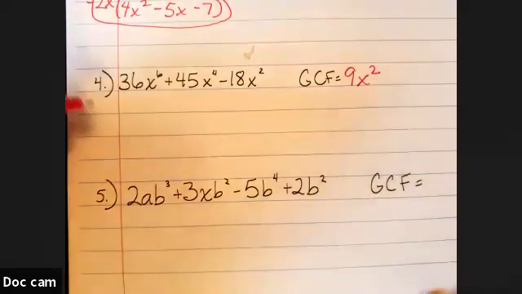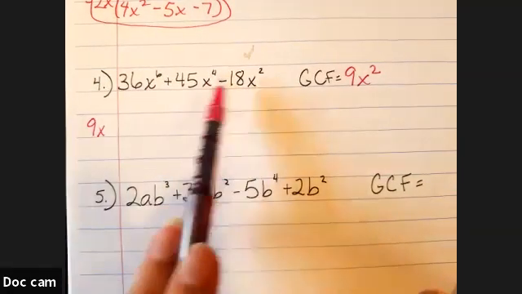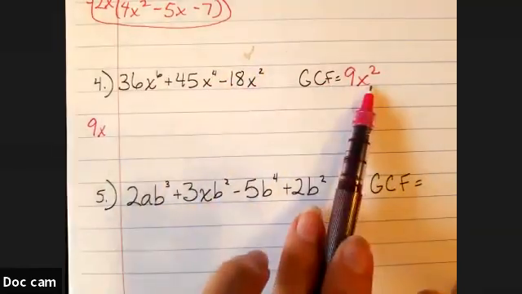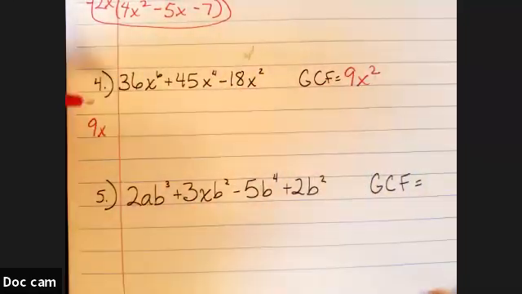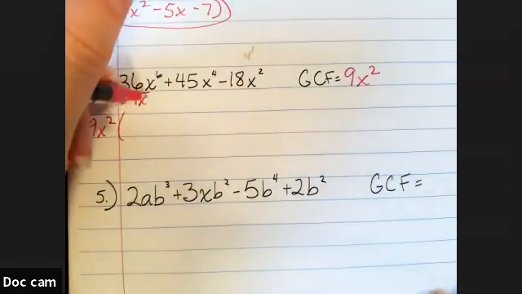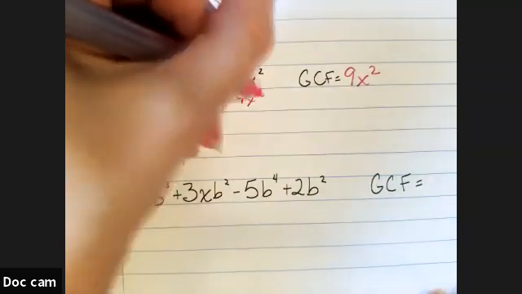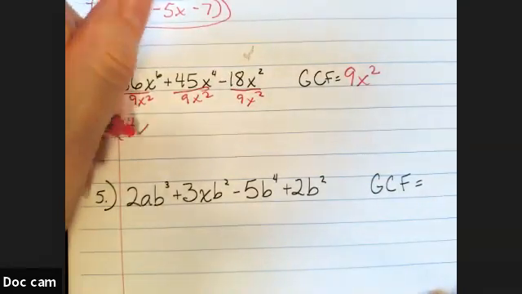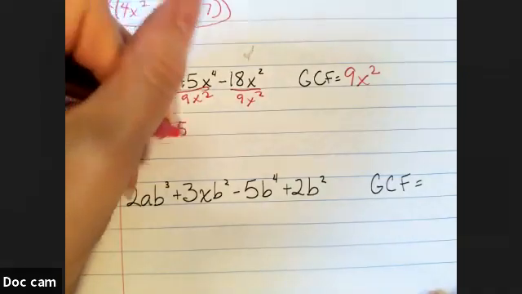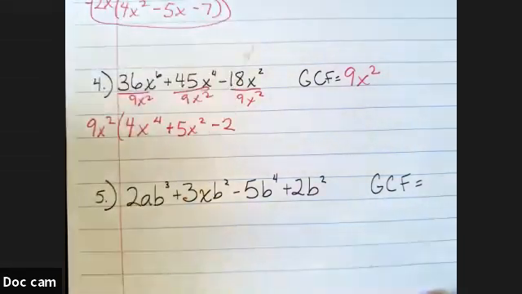Like I said, whichever one has the lowest power of x, that's what your GCF is, so you can divide it out. So 9x squared, and divide that by 9x squared. That would make that 4x to the 4th plus 5x squared minus 2.